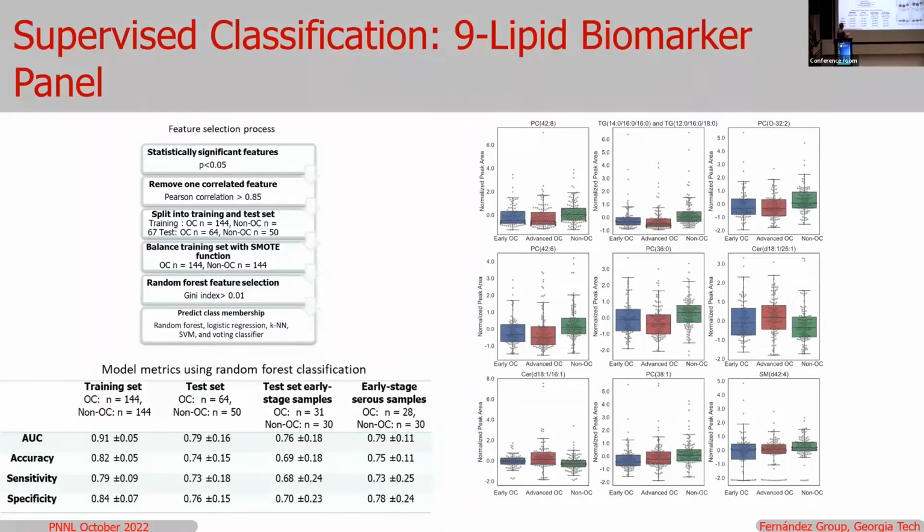This is the result for the test set only on early stage samples. The best that we can get is about 0.76, that's for all cancer types. If you only restrict it to the serous carcinomas, that's almost 0.8. So it's a little bit better, but it's not 0.9.